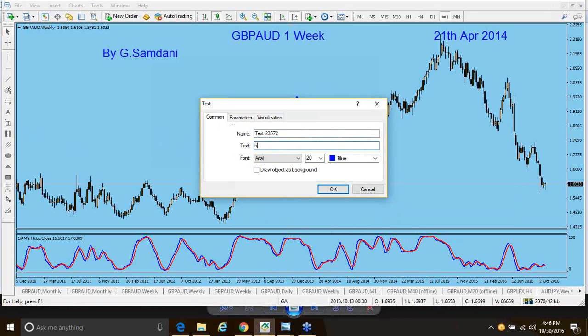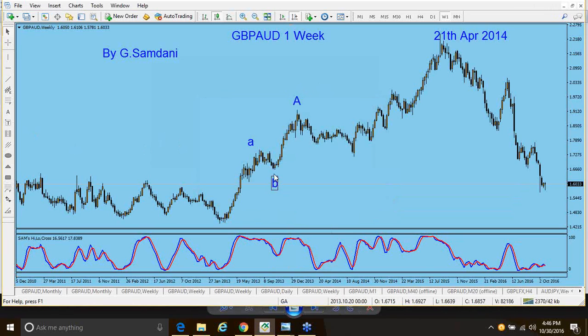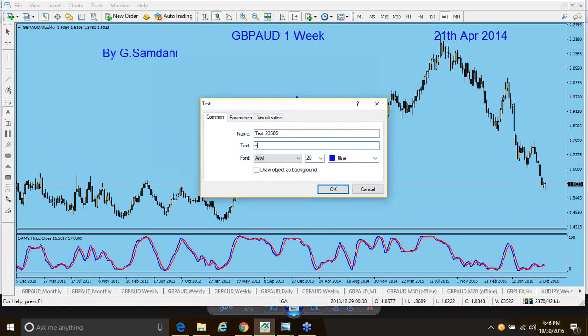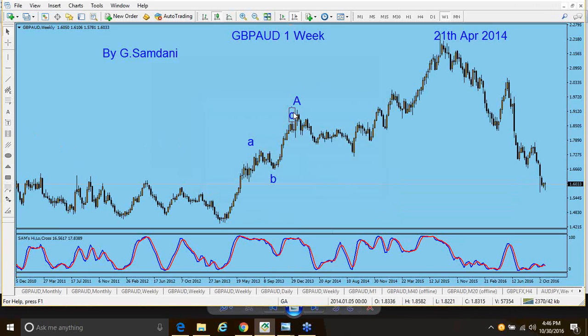A, B, and then small c will make this wave A of A correction. Like I said, on a big chart, sometimes all you see is a big correction after correction after correction. So if this is wave A, this small A, B, C, again a small a here, then the price went A, then B, and then C, very small.